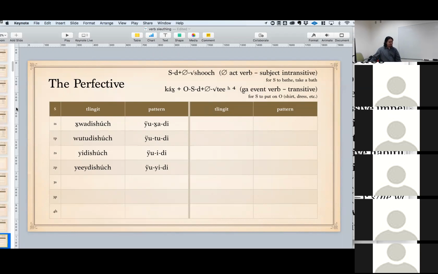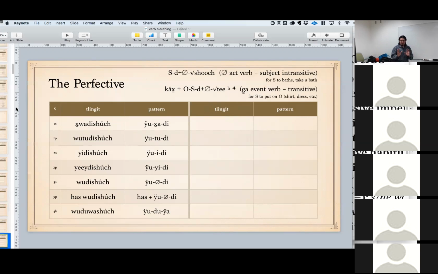Again, there's no object, so we should expect w. Woodishich. They bathed. Haswoodishich. People bathed. And that D must now turn to the minus D version. Would do a shuch.